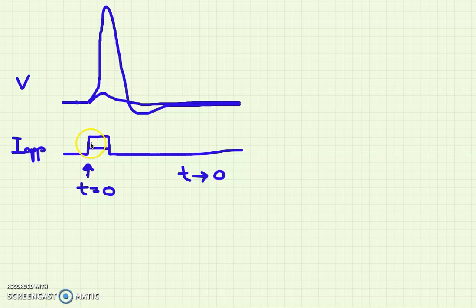So imagine putting several different values of applied current here. And if you had the situation where each slightly larger value for the maximum of the current pulse caused an action potential to be a little bit larger in size, like that. And then with a little more applied current, perhaps you see this.